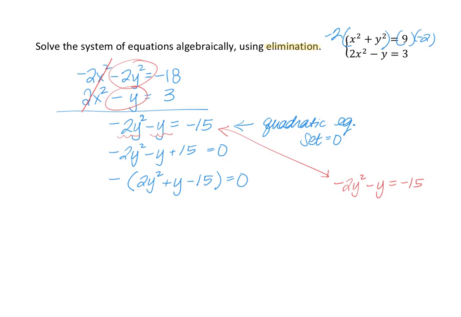We want to be fluid here with how we choose to solve these quadratic equations, and you might save yourself some time then by adding the 2y squared to the right, so it's positive, adding the y term to the right, and then keeping that negative 15. But notice this equation is the same equation I have here, just inside the parentheses. So we really do end up in the same place.